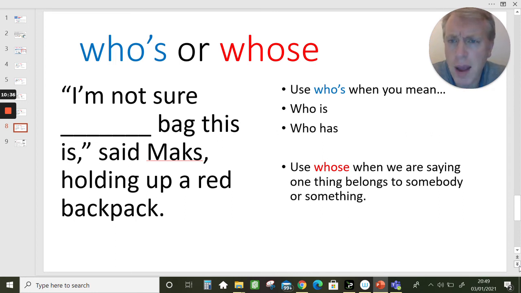No. I'm not sure who has bag this is? No. This is a bag that belongs to who? That's what Max is asking. Look, it's got to be whose, because it means it belongs to who? Who does this bag belong to? I'm not sure whose bag this is.